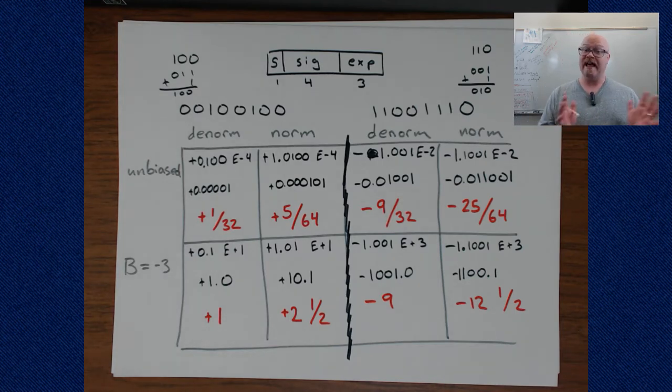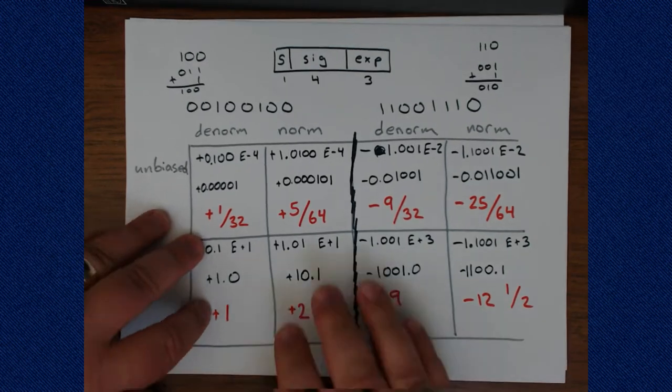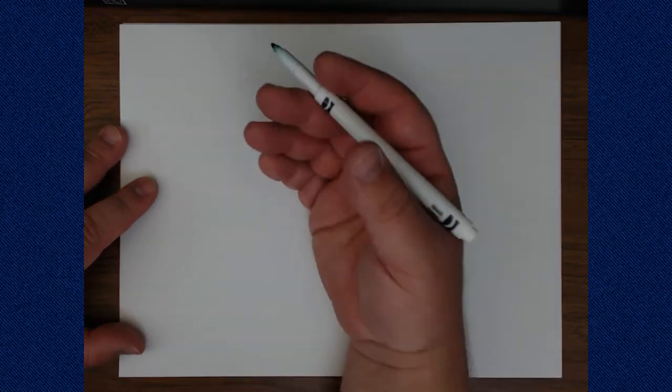What we want to do next is figure out how to take a particular signed decimal real value and then represent it in the constraints of our given floating point representation. So, I'll pull this aside, straighten my paper in the overhead camera, and let's start with, what's a good one?